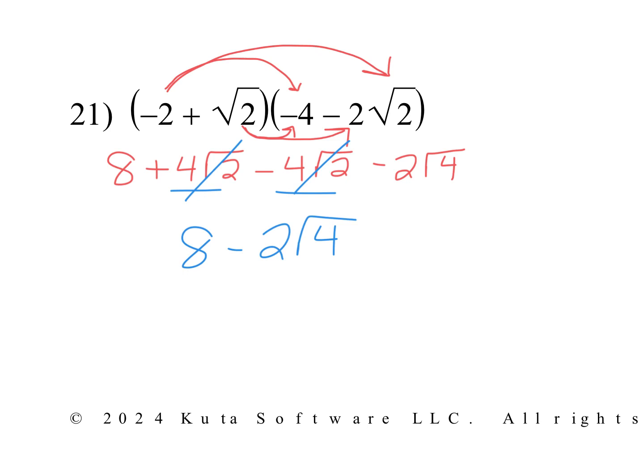What's the square root of 4? 2. 2 times 2. 4. Now what? What's my final answer? Right here I have 8 minus, what's the square root of 4? 2. So we have 2 times 2, so the square root's gone. Yes. Square root is gone.